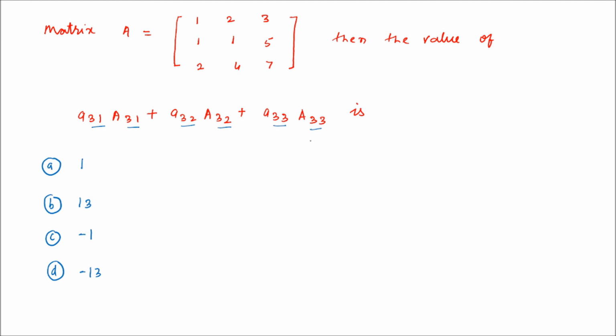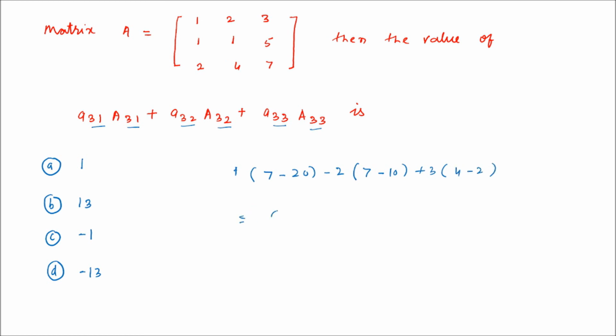So here we will expand this determinant along the first row. 1 into, deleting first row and first column, 7 minus 20, minus 2 into, deleting first row and second column, 7 minus 10, plus 3 into, deleting first row and third column, 4 minus 2.